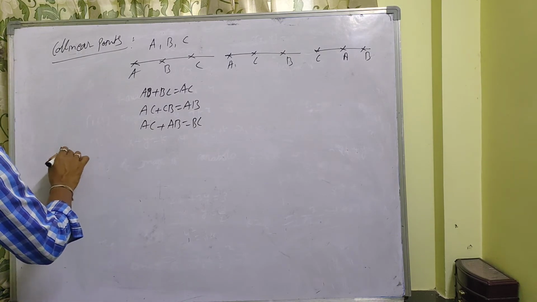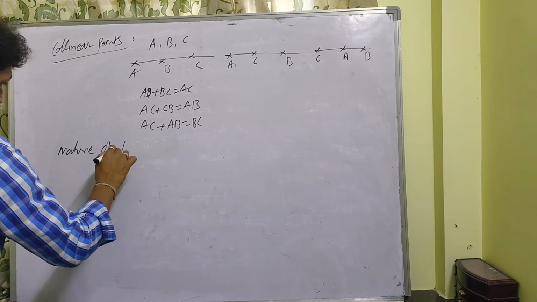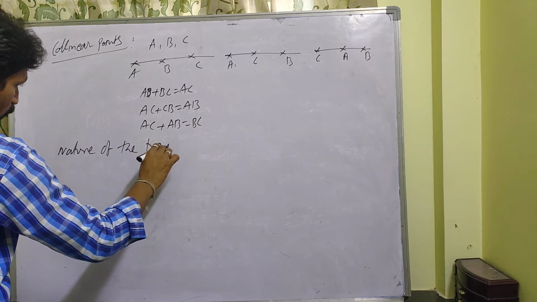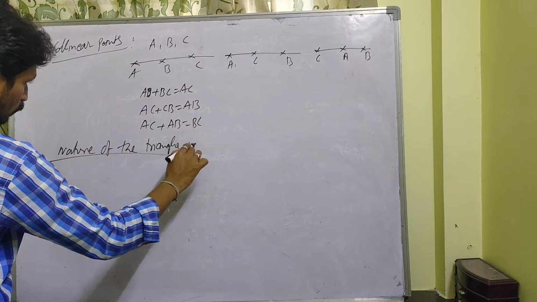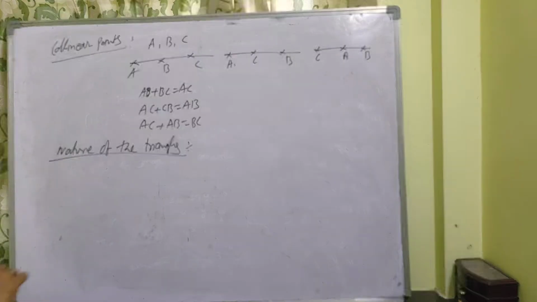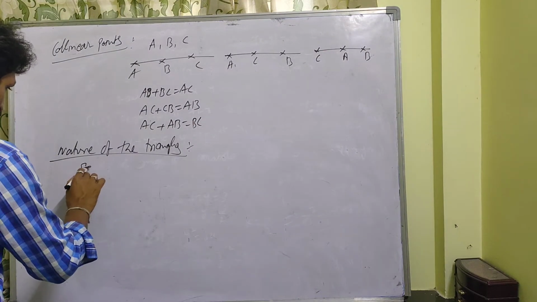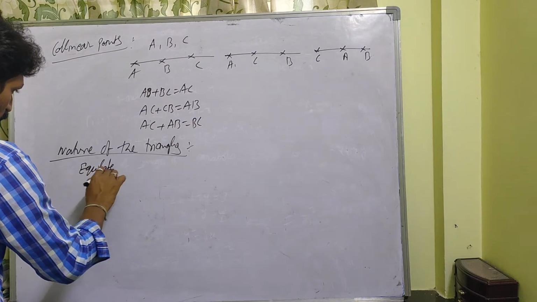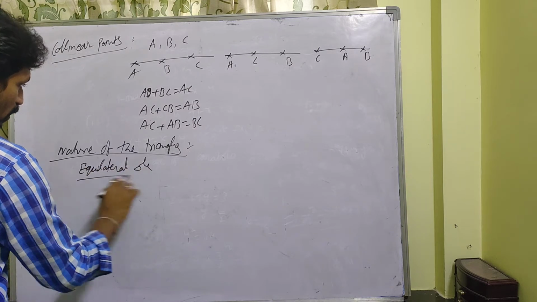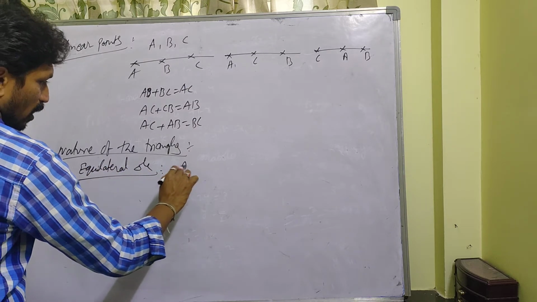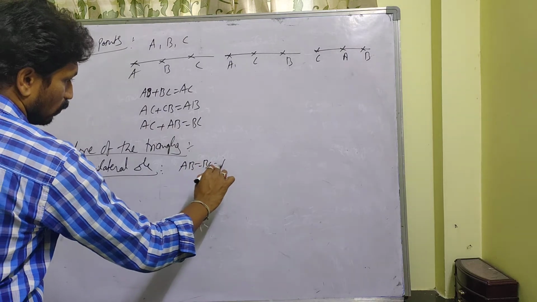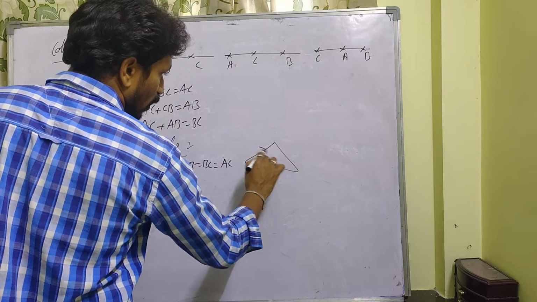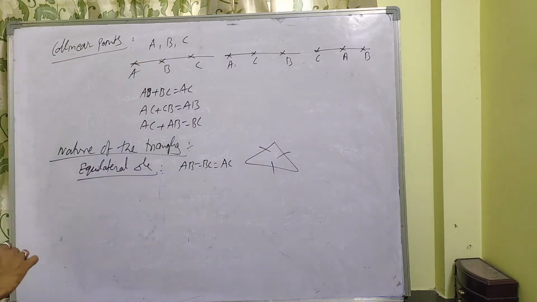Nature of the triangles. We know very well the equilateral triangle. Equilateral triangle means if AB is equal to BC is equal to AC, all are equal, then it is called an equilateral triangle.